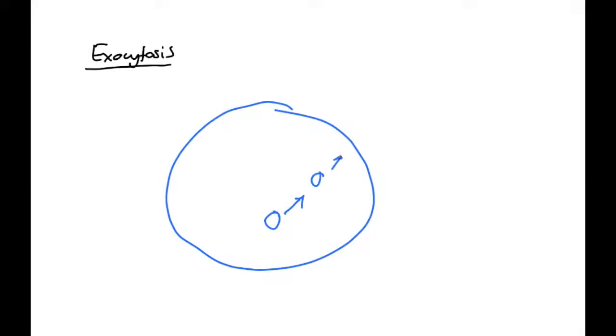And then, if we join up, the vesicle now fuses with the membrane because they're both phospholipids. The membrane then pulls apart.